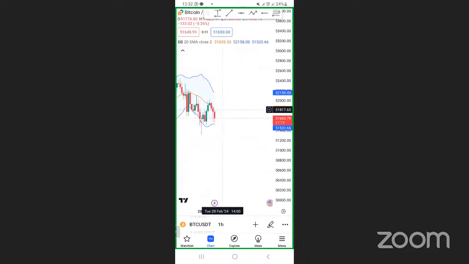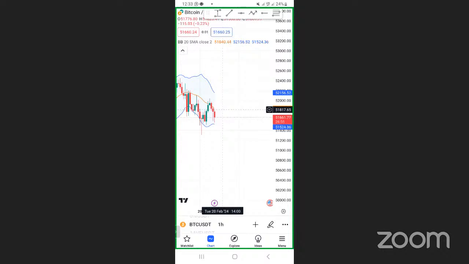Then these other two: the upper band, the upper line, is a standard deviation away from the moving average. The lower band is also a standard deviation below the moving average.